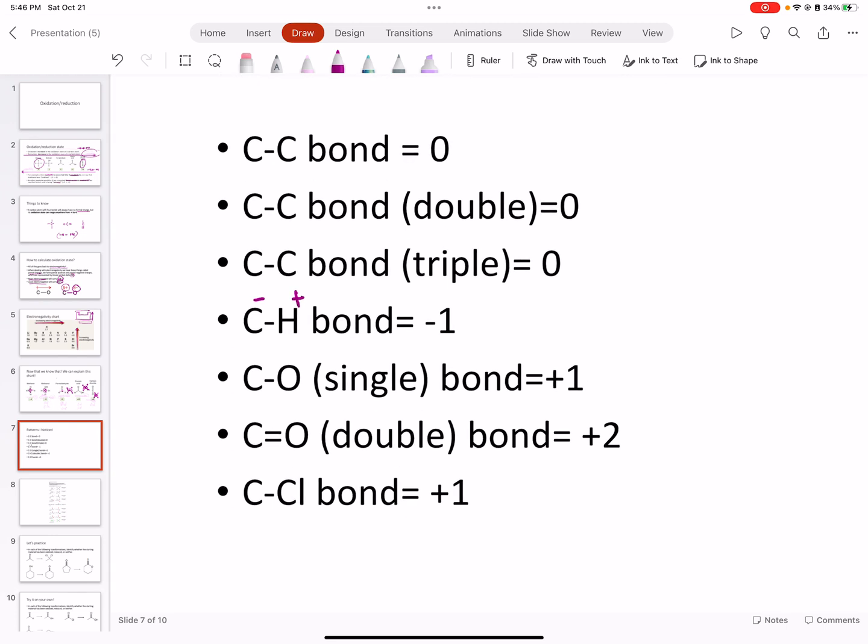So then carbon-oxygen, single bond. Oxygen is more electronegative, therefore it's gonna carry a negative charge, and then carbon is less electronegative, so it's gonna carry a positive charge. That's why we have a +1 in here, and that's why we have a -1 in here. So then carbon double bond.